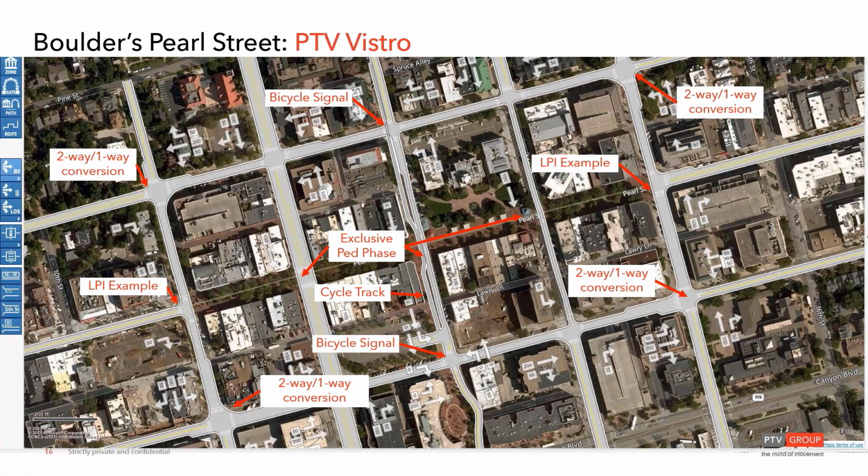And on the four corners of that mall, they have the two-way to one-way conversion intersections to route people around that pedestrian mall in a one-way circulation. And so that's how they dealt with closing down a street and routing traffic around that.